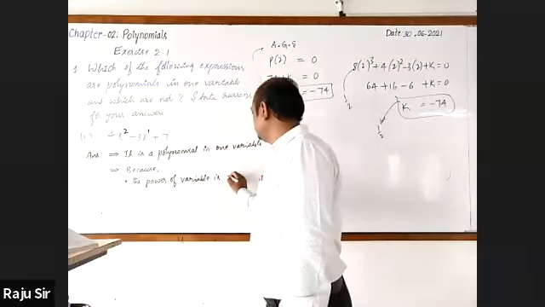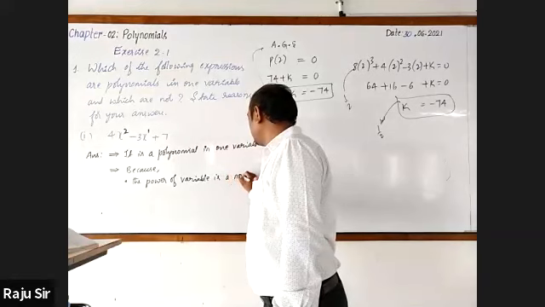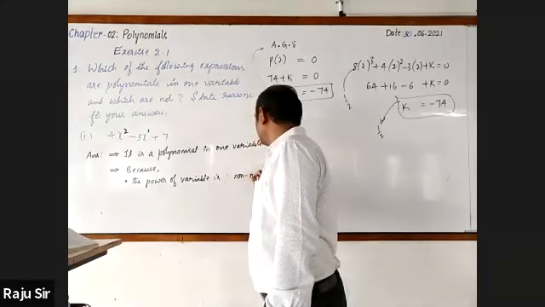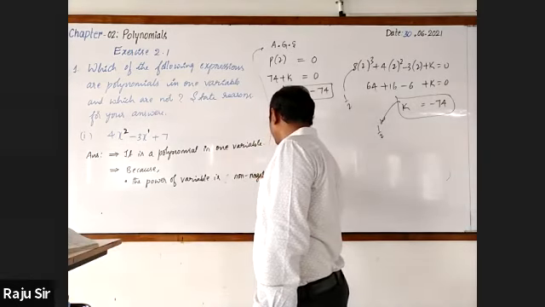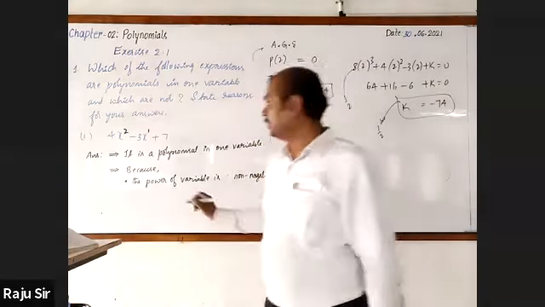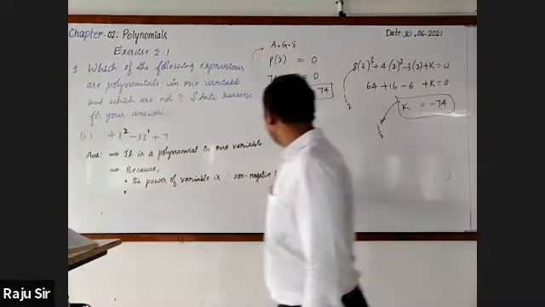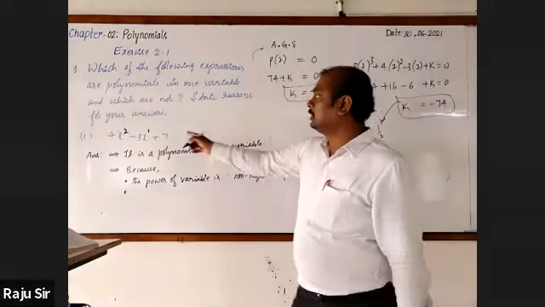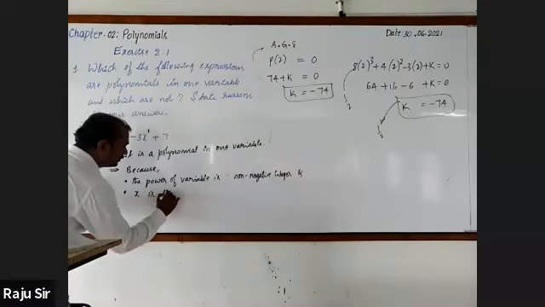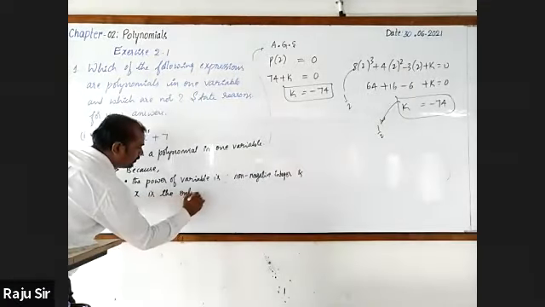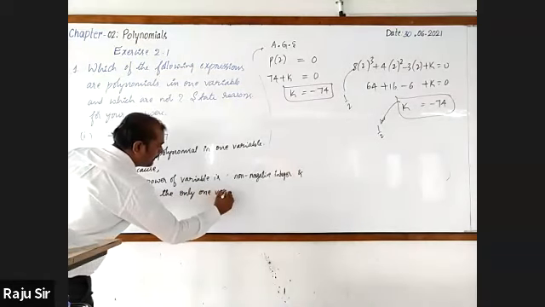A whole number is a non-negative integer. Not only one reason, we have one more reason: it has only one variable, that is x. Right. x is the only one variable.